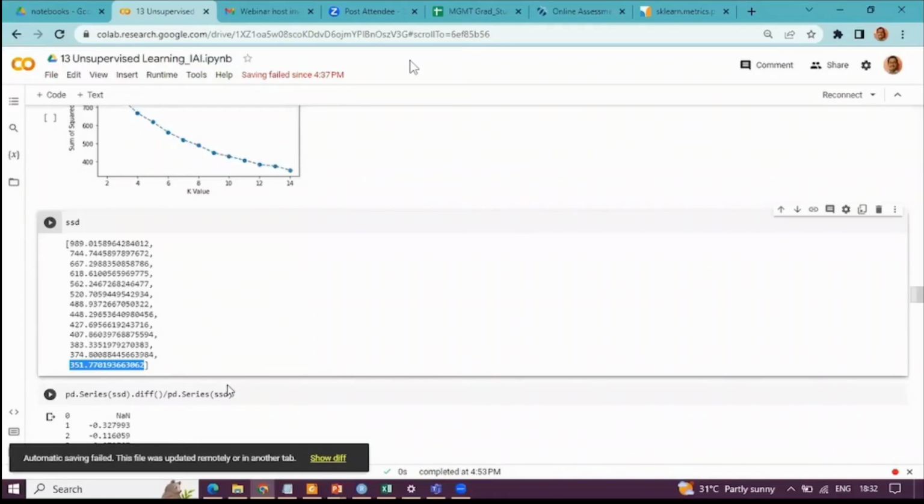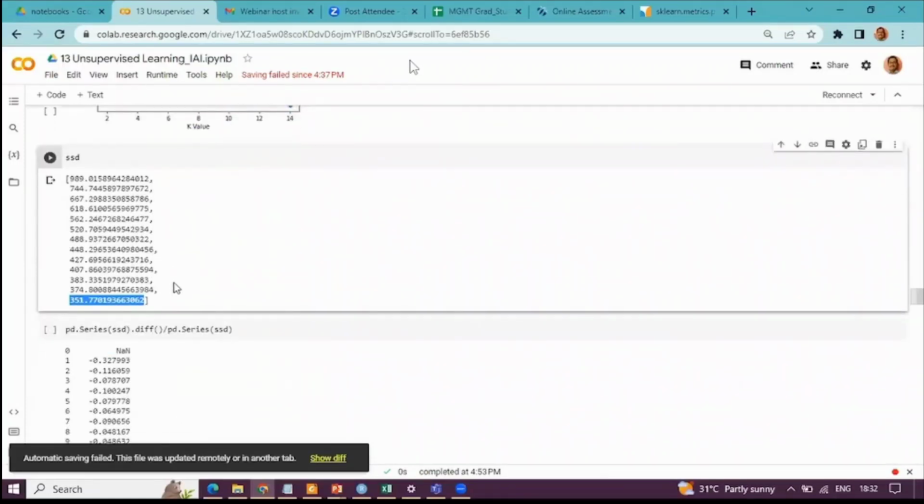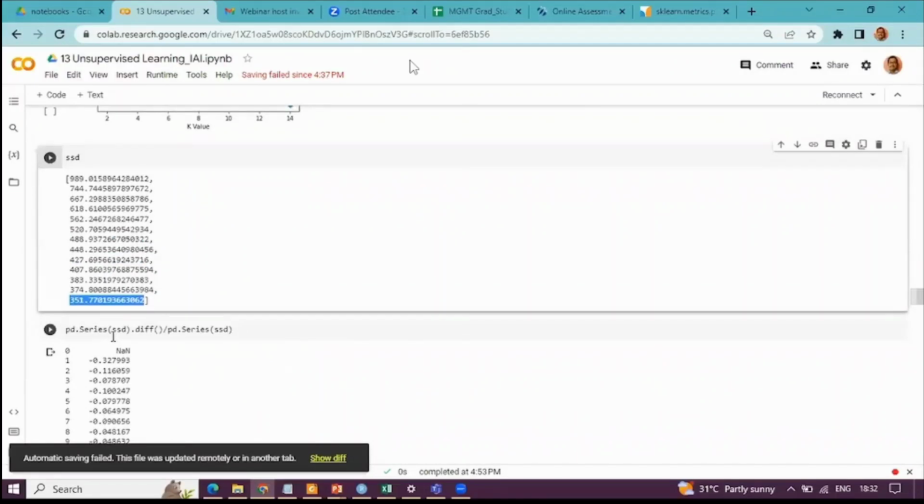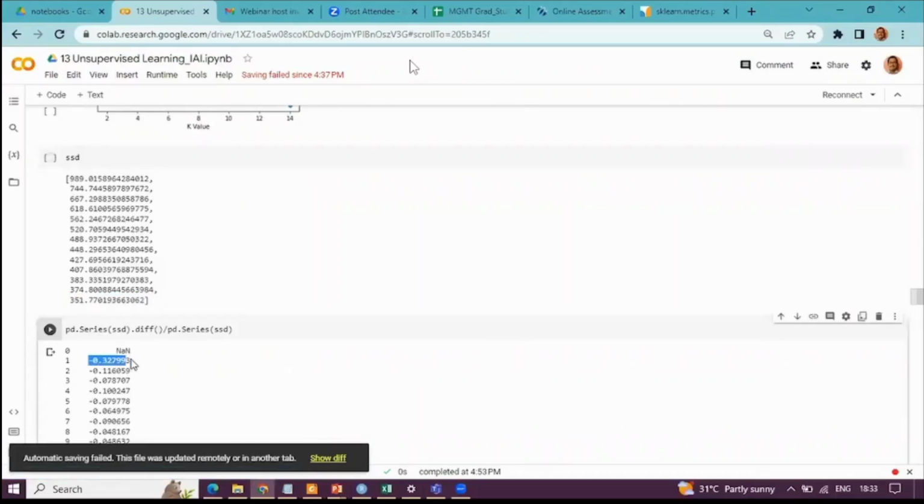Now, where do I put a knockout here? For that, I'm trying to find out the percentage difference in each of the cases. So in the first case, the fall was by almost 32%.